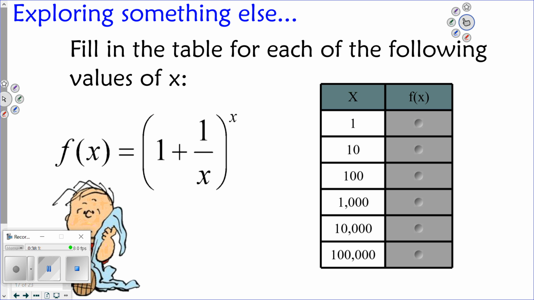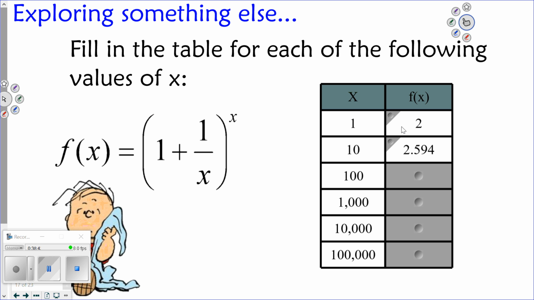This would be 1 plus 1 to the first. It'd be 2. So what happens if I plug in a 10? That one you're going to type straight into your calculator. Don't guess. Type it in your calculator. Okay, so 2.5 something.